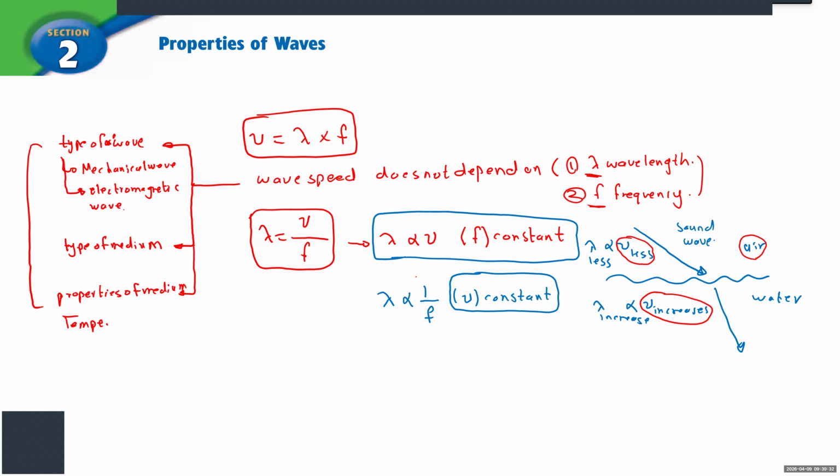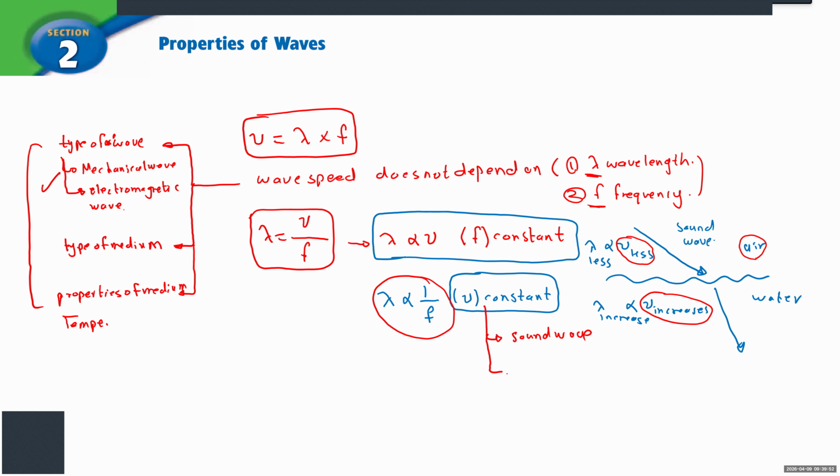In the second relation, in which case lambda with frequency is inversely proportional when wave speed is constant? For example, we have sound wave. Sound wave is longitudinal wave, so the type of wave is constant.